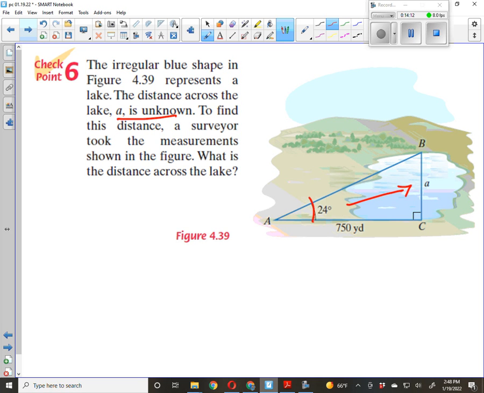We are looking for the side opposite. We have the side adjacent. Opposite and adjacent, wait a minute, SOHCAHTOA, that would be a TOA, right? Tangent, opposite and adjacent. So tangent of 24 is equal to A over 750.